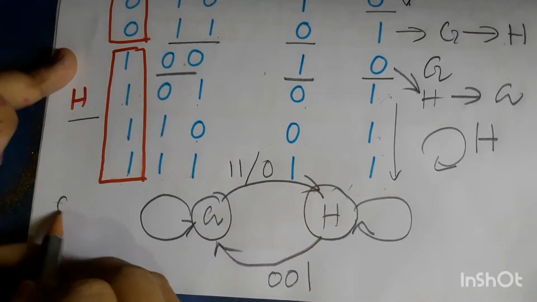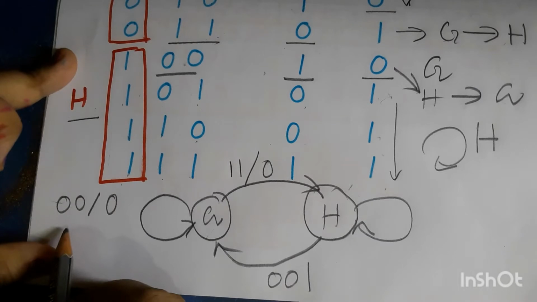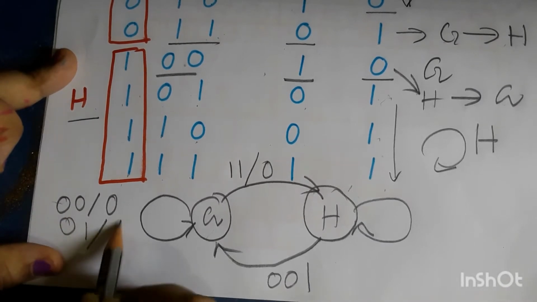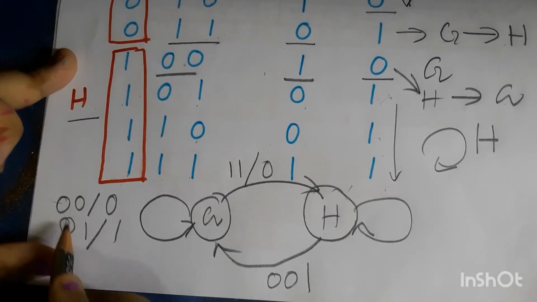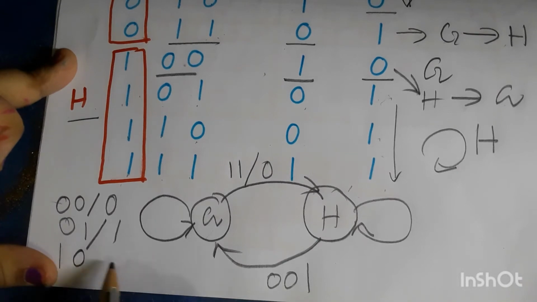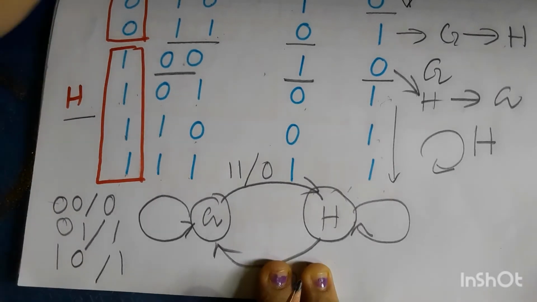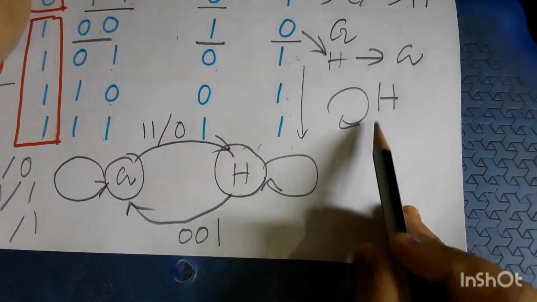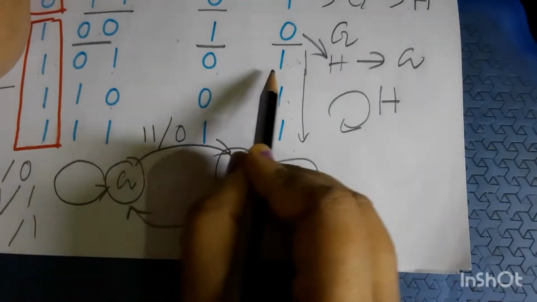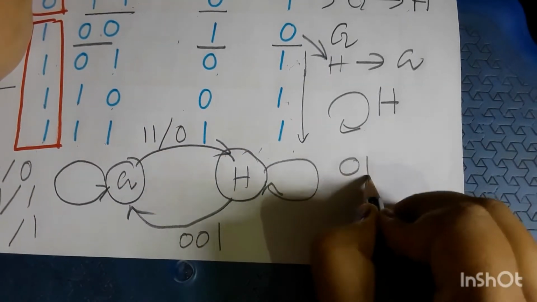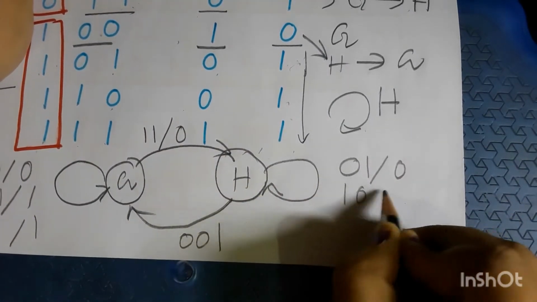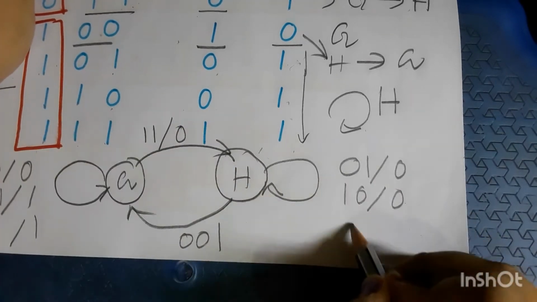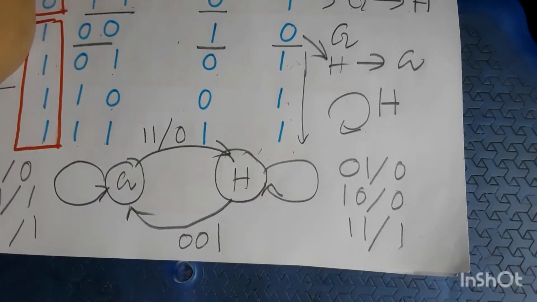We understood: 0 0 0, 0 1 1 and 1 0 1, for all these 3 states. And when would it remain in the H state? These 3 states: 0 1 0, 1 0 0 and 1 1 1. Understood?